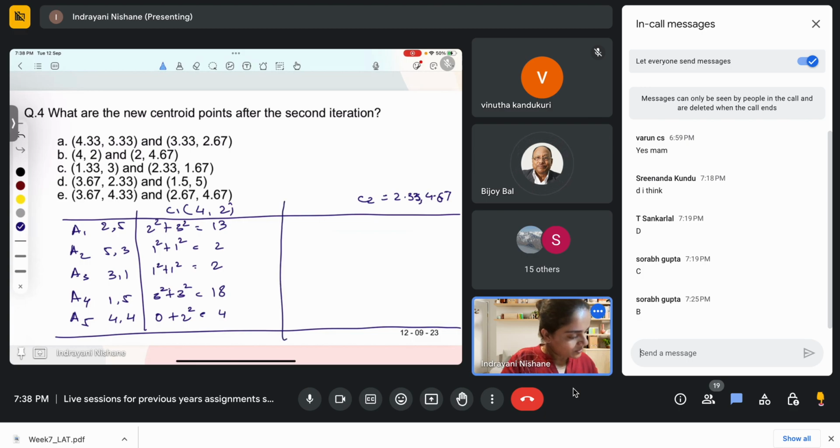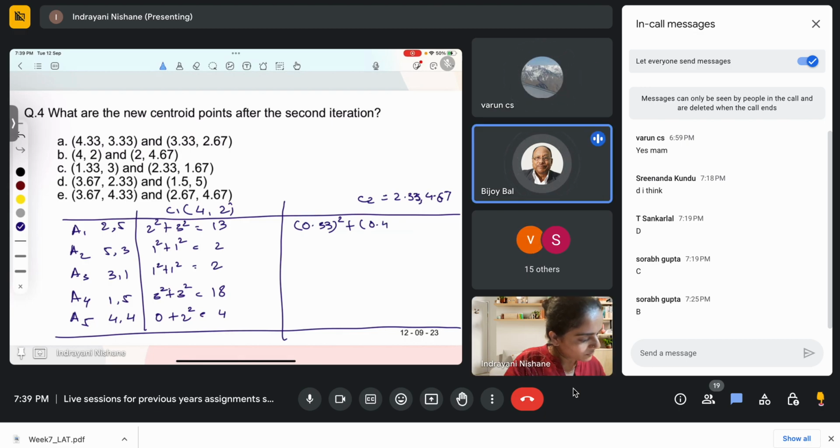So now 2 minus 2.33, so this will be 0.33 square plus 5 minus 4.67, so it will be 0.33 square.